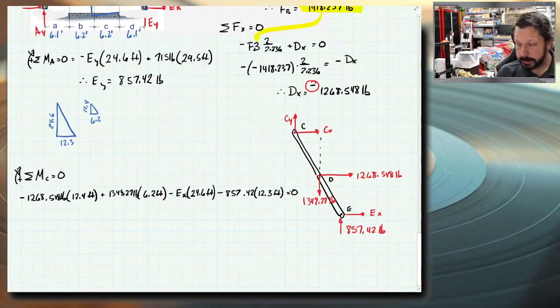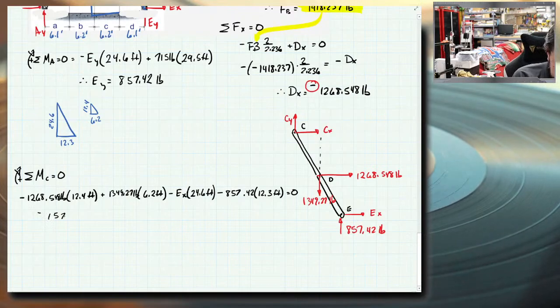The only unknown in there is EX, so we should be able to keep track of all of this and solve for it. Let's see. 1268.548 times 12.4. So this first number is negative 15,729. Well, let's just call it 730. That would be foot-pounds.